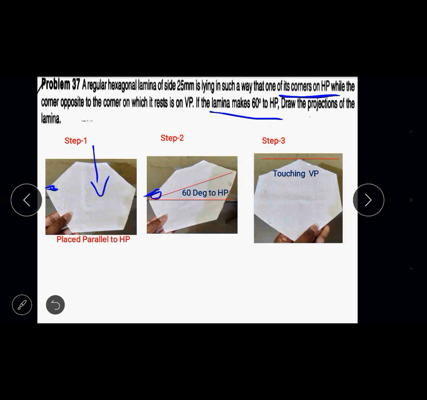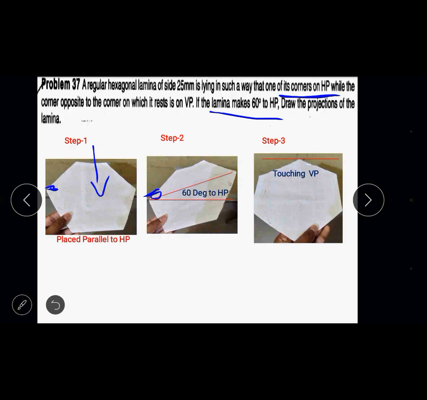You can just look at the two lines. I have constructed two lines and shown the angle between them as 60 degrees: a horizontal line and an inclined line. The horizontal line indicates the horizontal surface, HP. With reference to the horizontal line, I have measured the angle from 0 degrees to 60 degrees in the anti-clockwise direction.